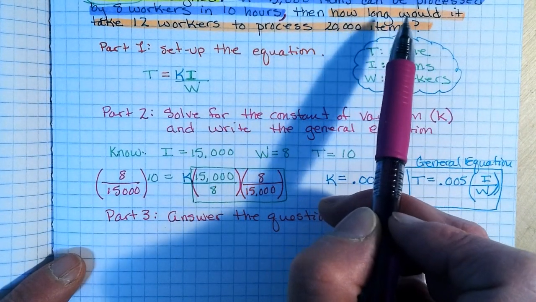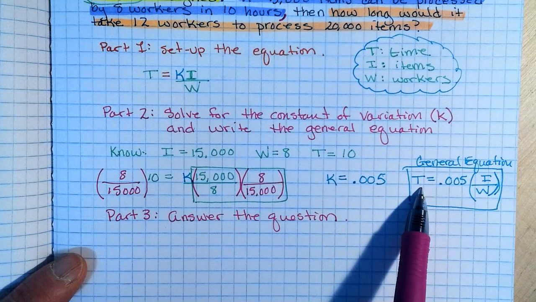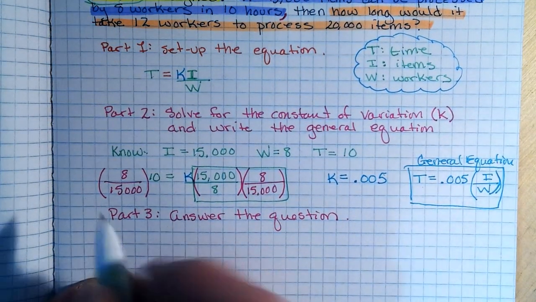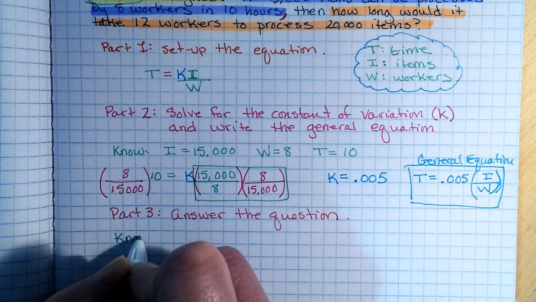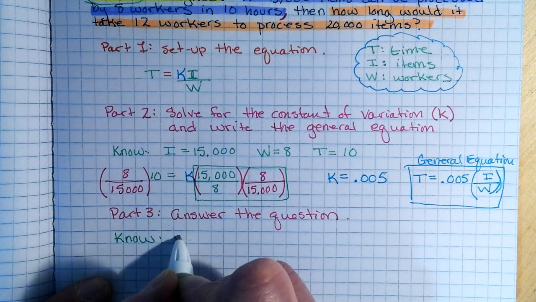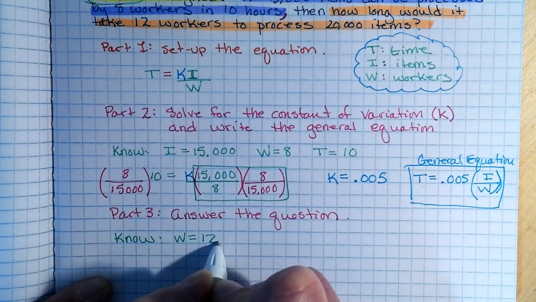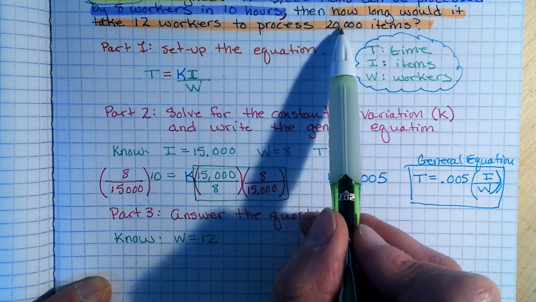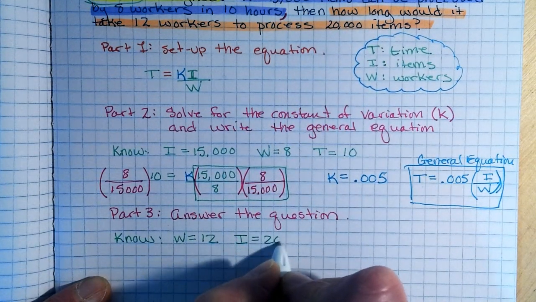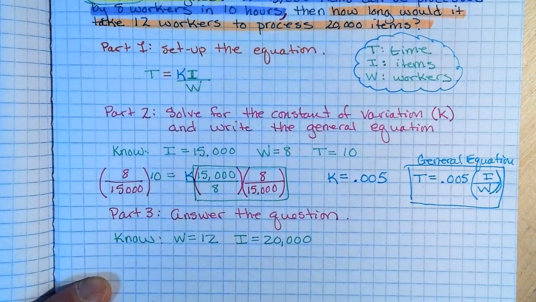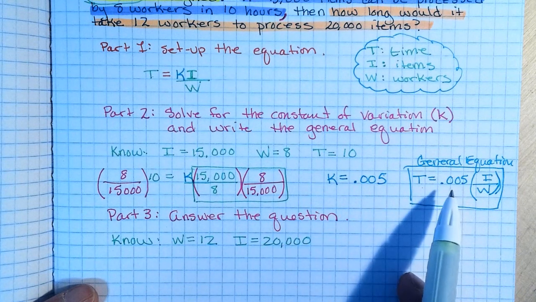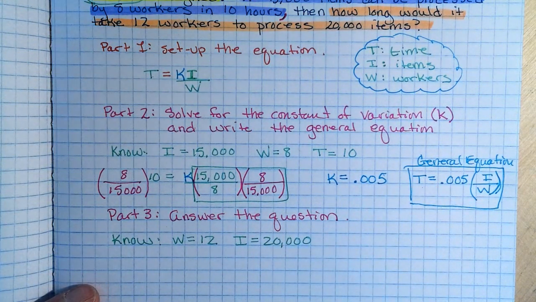They want to know how long, which is time, so we don't know what that is. Let's do what we did in the previous one. We don't know time, but we know we have 12 workers, so W is 12. And what else do we know? We have 20,000 items, so I is 20,000. Now I can take this information, put it in here, and then solve it.